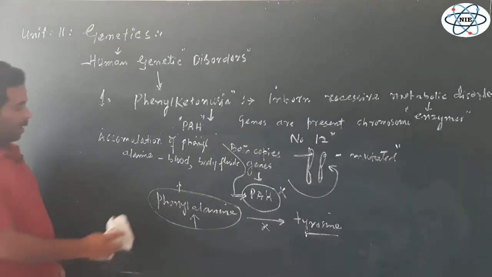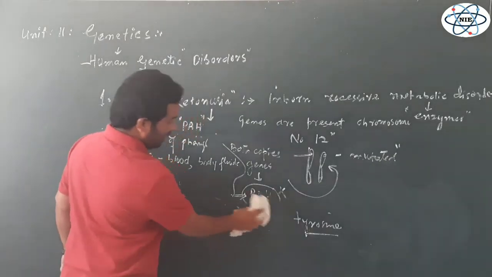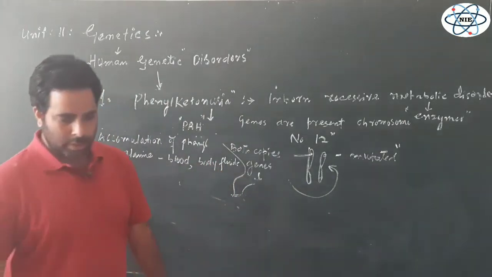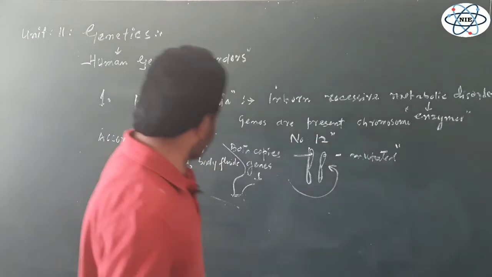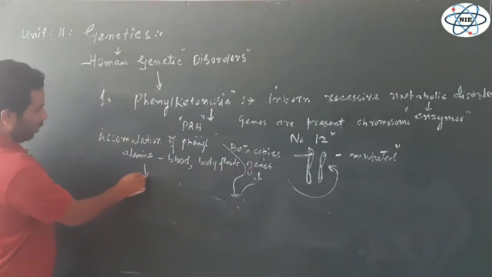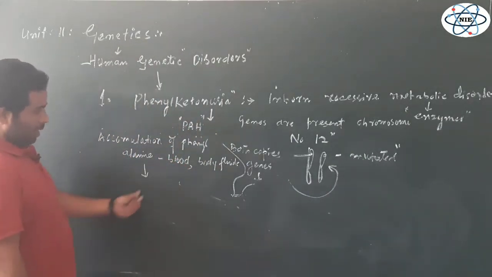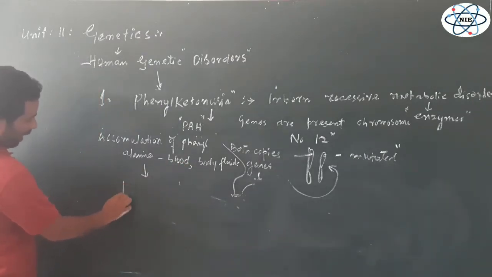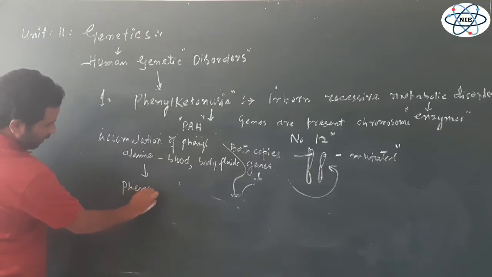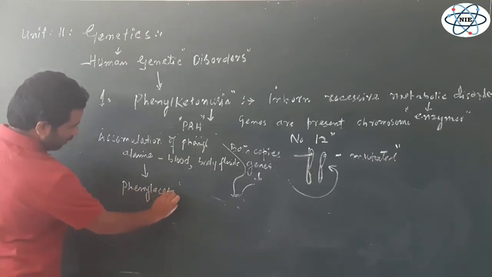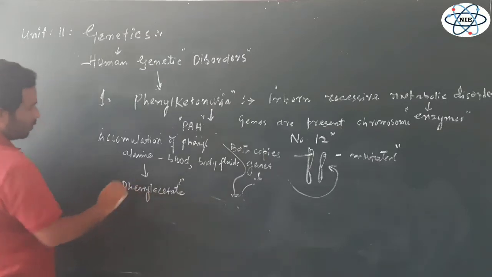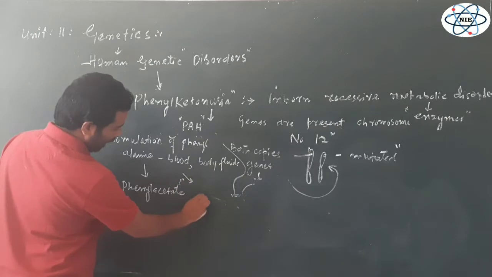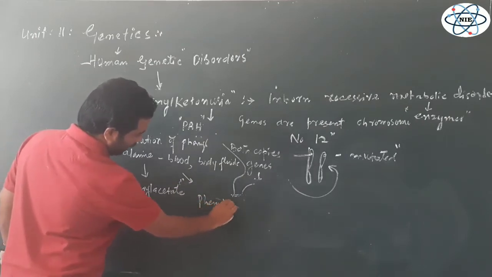And once this phenylalanine gets accumulated in the blood and body fluids, most often it gets converted into other toxic compounds. For example, it sometimes converts into phenyl acetate, which is one metabolite of phenylalanine, and another metabolite is phenyl lactate.